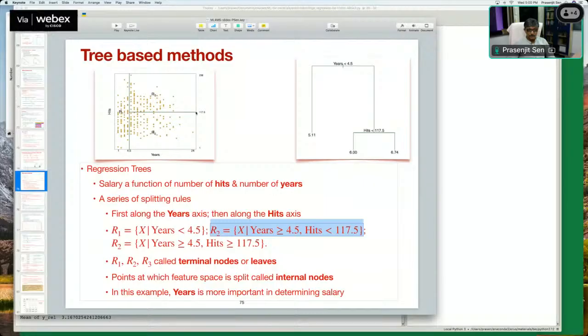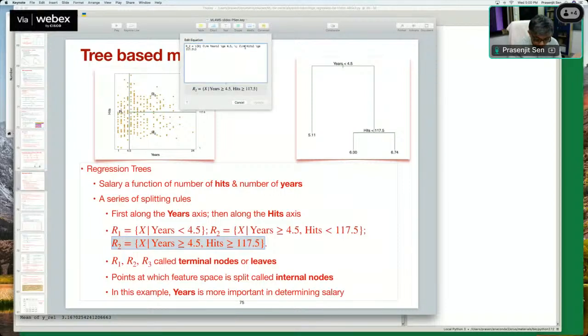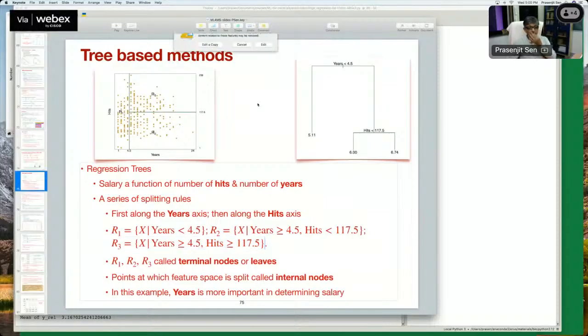So I take this axis, take a particular value, and then divide it into two parts, R2 and R3. So this should be my R3, not R2. So eventually, I have three regions. This is R1, number of years less than 4.5. R2, where the number of years is greater than or equal to 4.5, but hits is less than 117.5. And R3, where number of years is greater than or equal to 4.5 and hits is greater than or equal to 117.5.